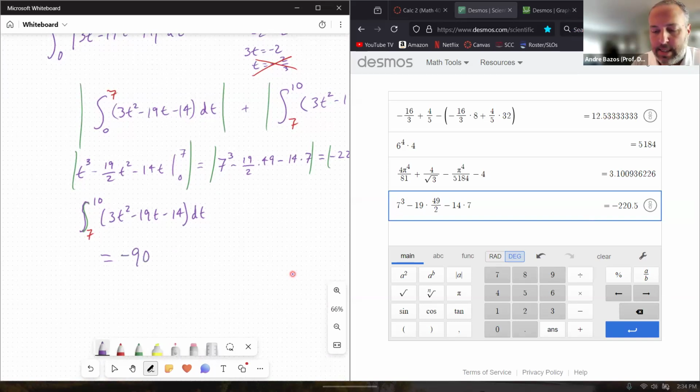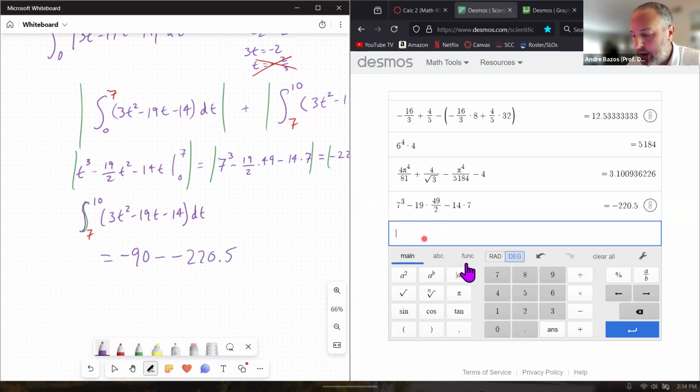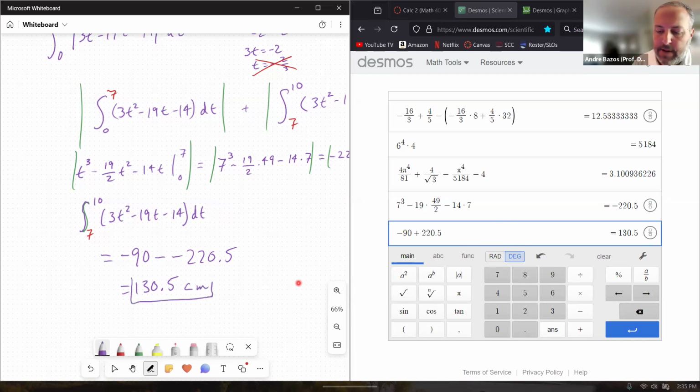I plug in 7, we are subtracting off the negative 220.5. And so we are going to take negative 90 plus 220.5. And then we get 130.5. There it is. All right, so this is centimeters of total distance we've traveled.